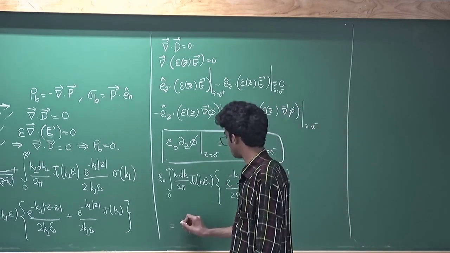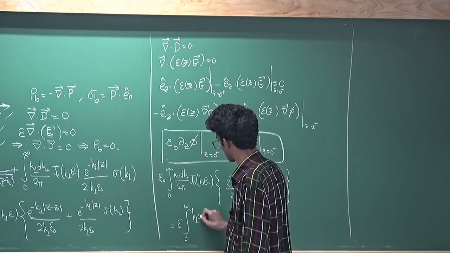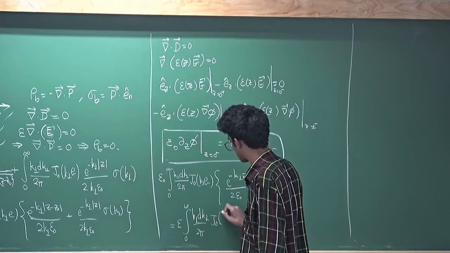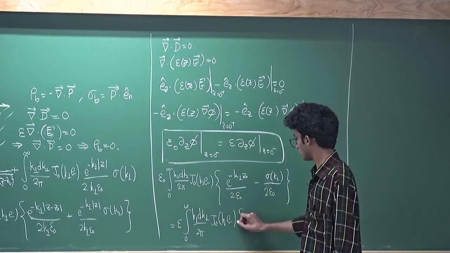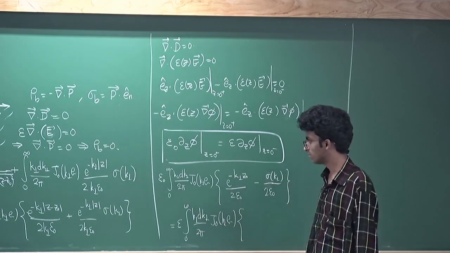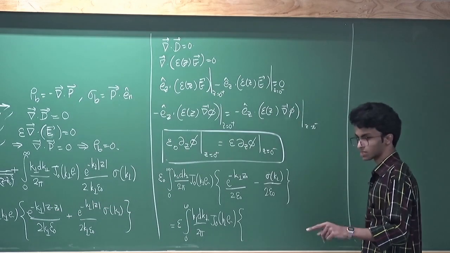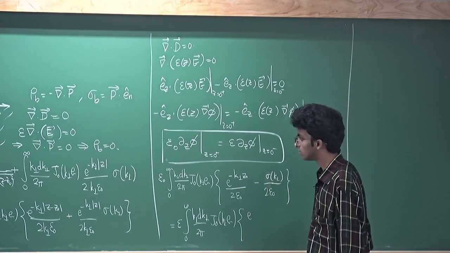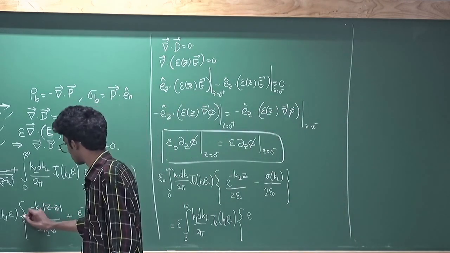equal to epsilon integral 0 to infinity k perpendicular dk perpendicular over 2 pi J naught. First term remains the same because that's a mod z minus z naught, whether you're above z equal to 0 or below z equal to 0, it doesn't matter to that term. So you get, I think I'm missing a Q. Yeah, I'm missing a Q. There should be a capital Q here.